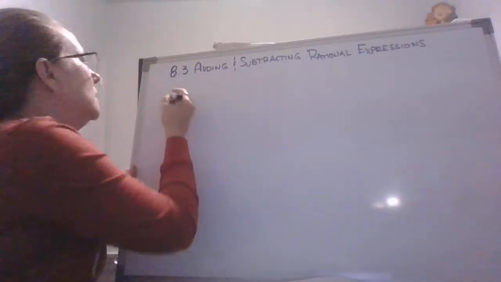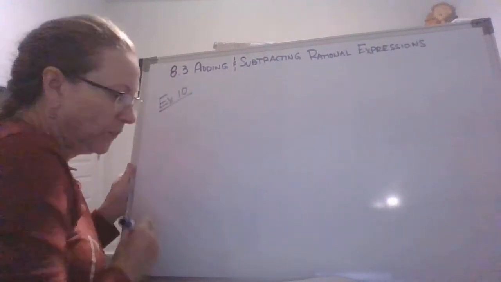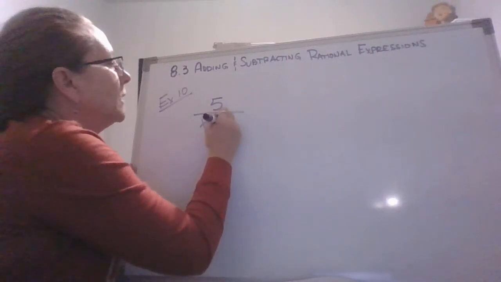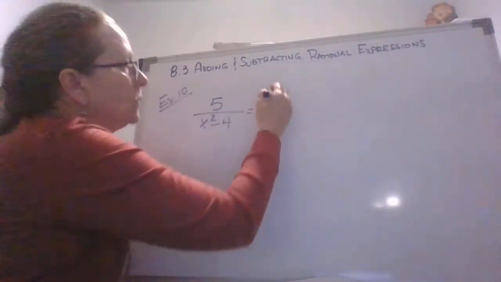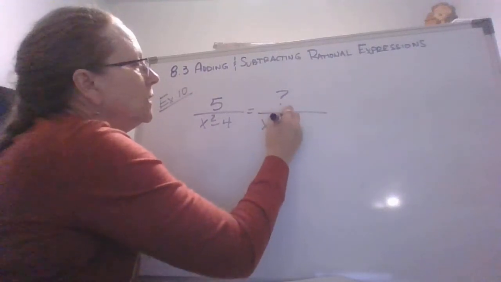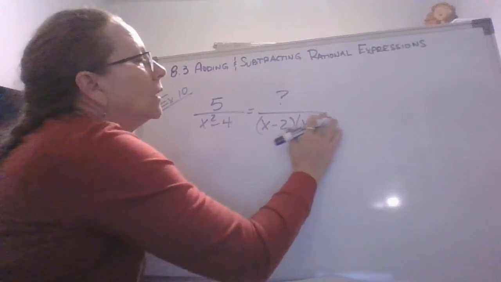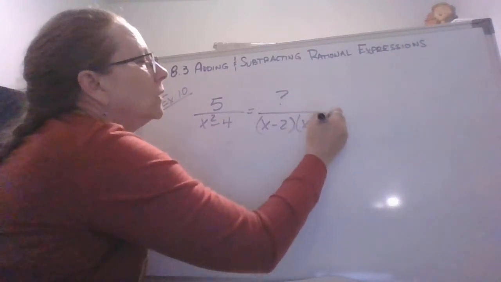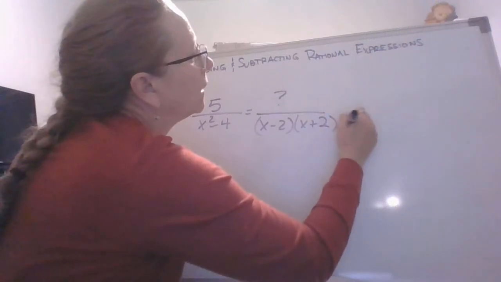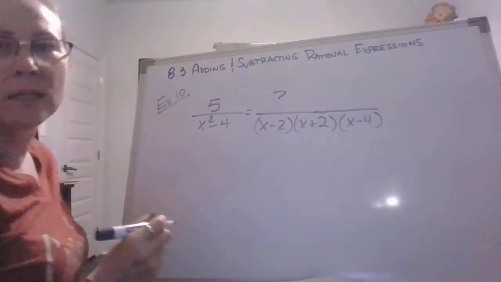So our next example 10, we have 5 times x squared minus 4 equals what new numerator over x minus 2, x plus 2, and x minus 4. Like, wow, that's a really long denominator.